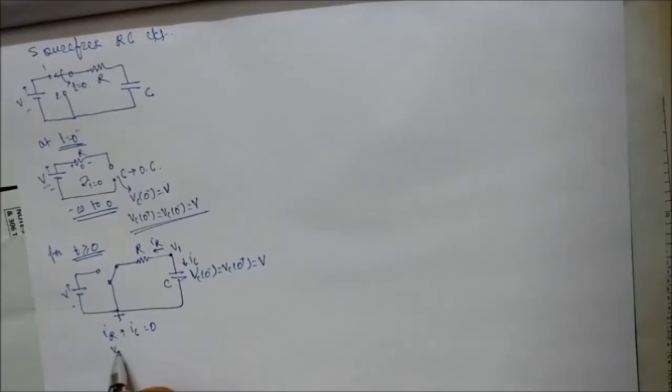But what is IR? IR is nothing but V1 upon R, and IC is given as C dV1 by dt, that is equal to 0.